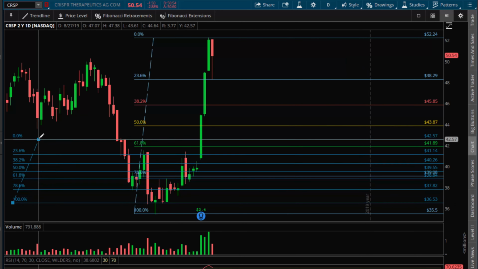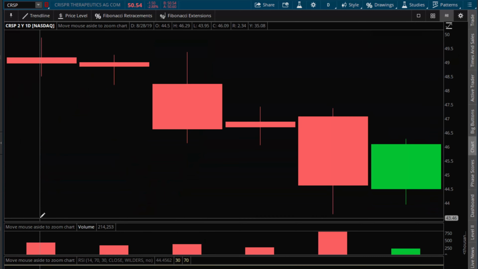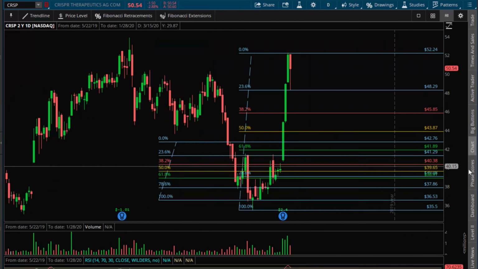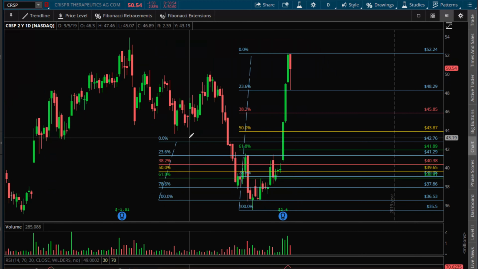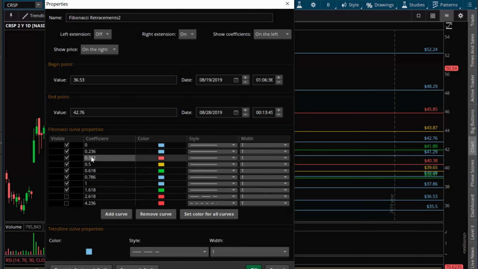Once you draw a Fibonacci level on your chart, you're going to see different colors here, typically. I do like to right-click, edit my properties, and change some of these levels to different colors.